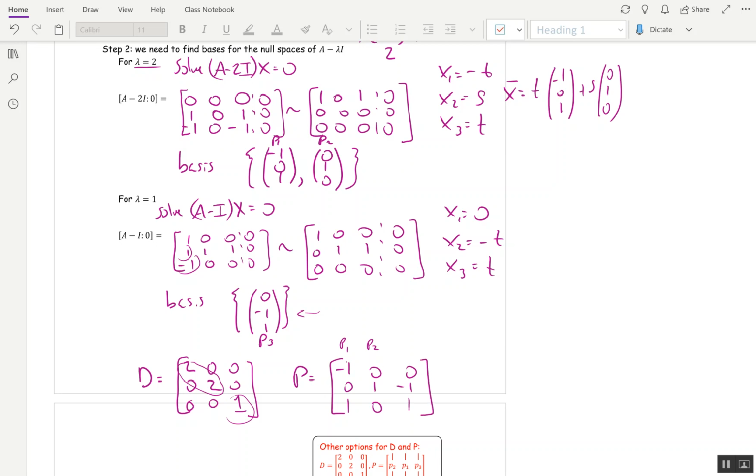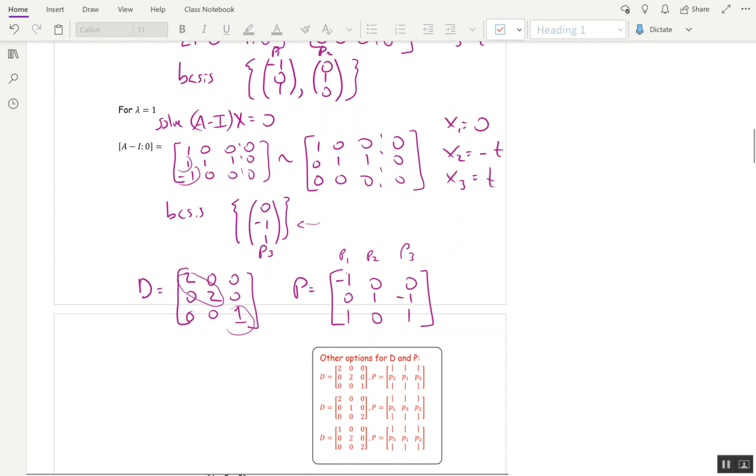Okay, now those aren't the only options. Like suppose, since I'm putting 2 and 2 in as the first two entries, I could have switched these and put P2 first and P1 second. Or if I want to put the eigenvalue 1 in the middle and sandwich it by 2's, that would be fine.